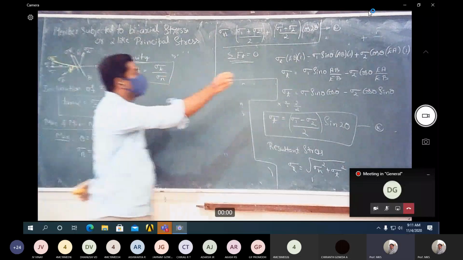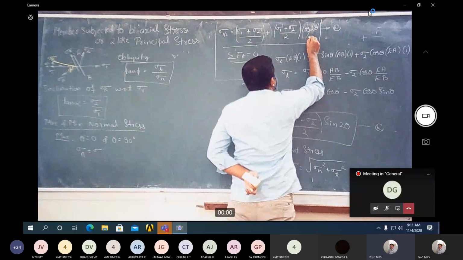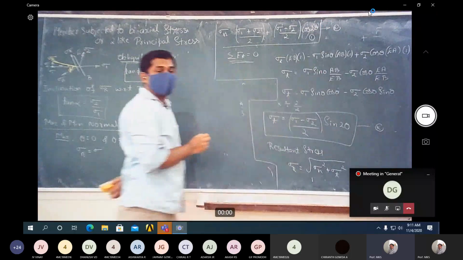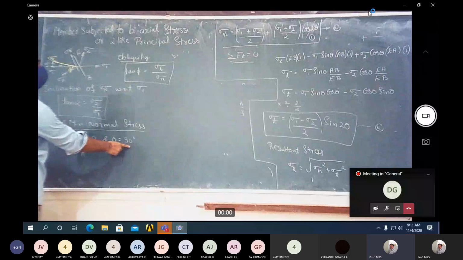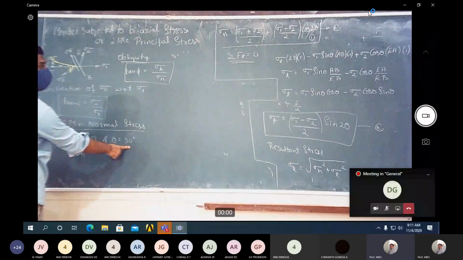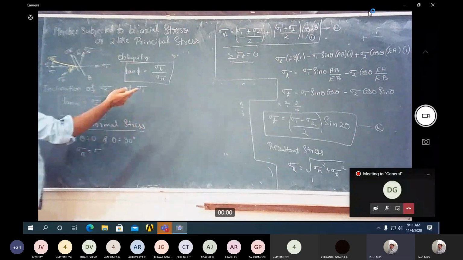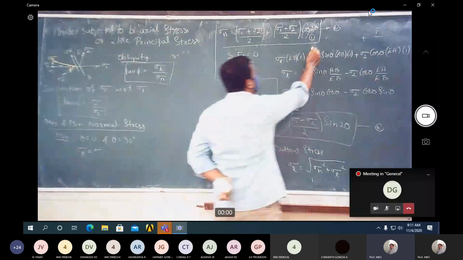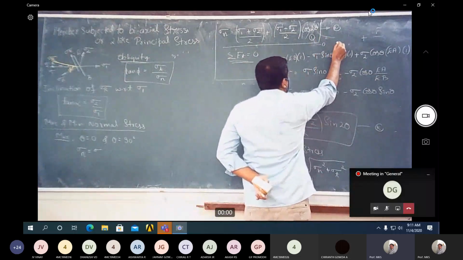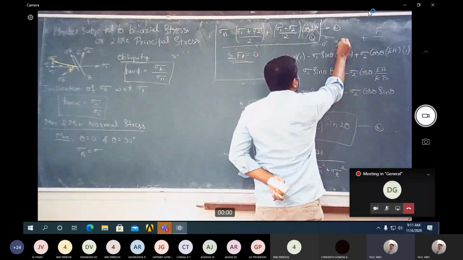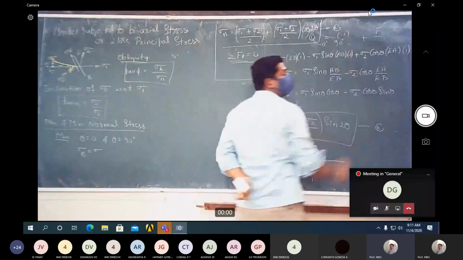So this component becomes 1 when theta is equal to 0 and theta is equal to 90, right? When theta is equal to 0, this becomes 1. When theta is equal to 90 degrees, this becomes minus 1, right?